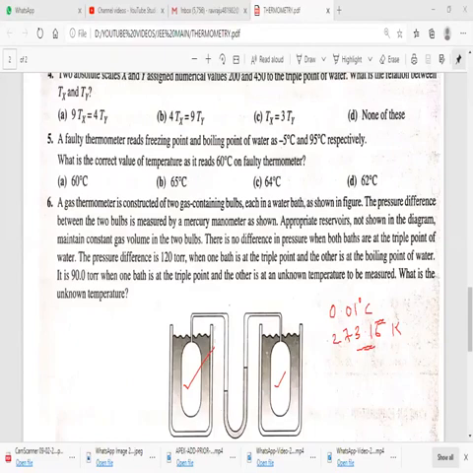So see here, I will just write the derivation here.